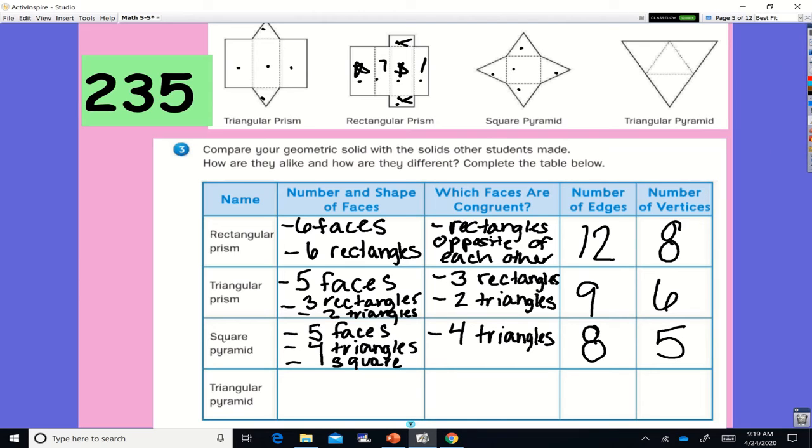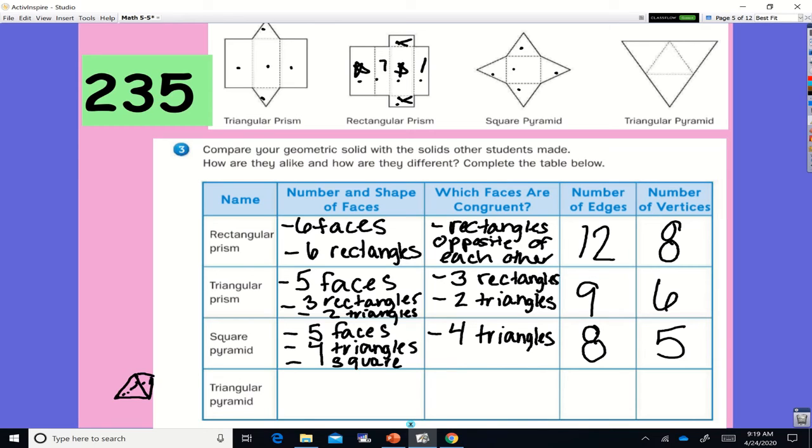Now, if you notice there in your notes, we don't have triangular pyramid on there. I'm going to draw a little sketch for those of you that this might help. Now, bear with me. I am not the greatest drawer. Okay, that's supposed to be a little dot there.